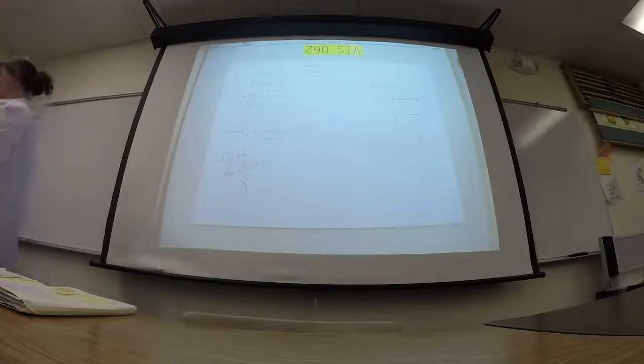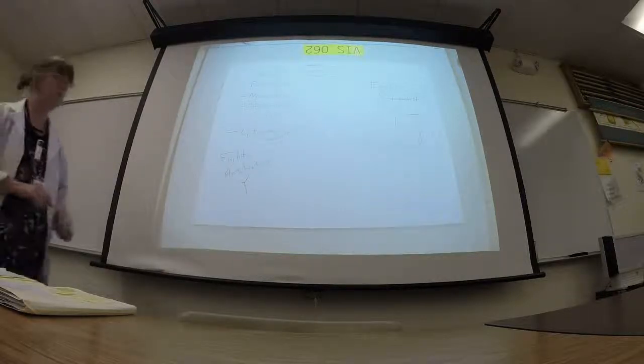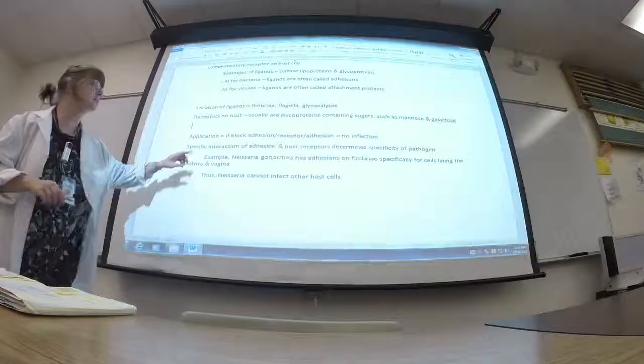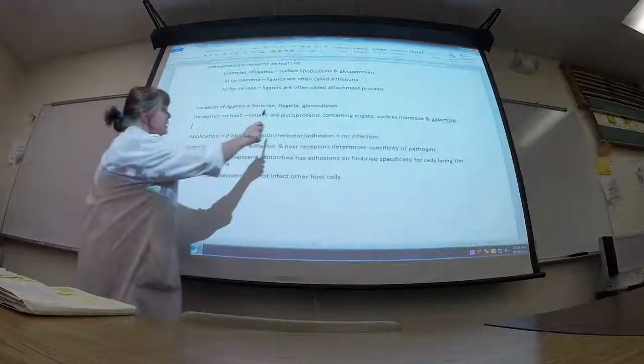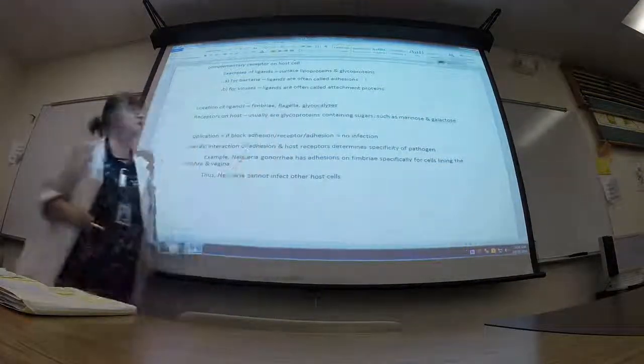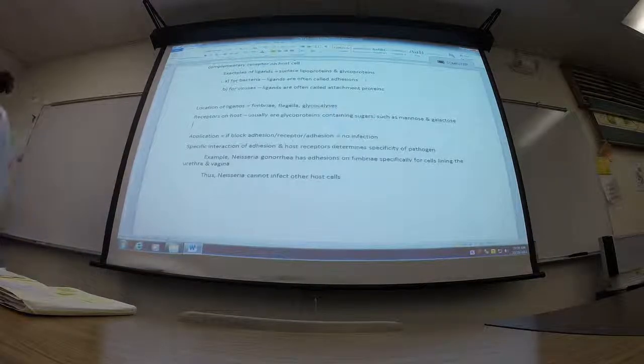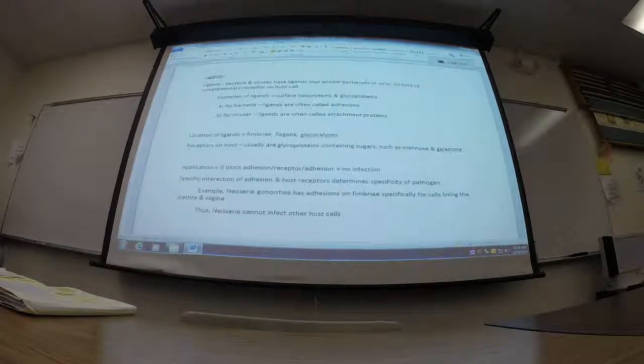And here it is right here. Back here on page 9, adhesins for bacteria, and for viruses, attachment proteins. But I was already calling them attachment proteins, which are your glycoproteins.